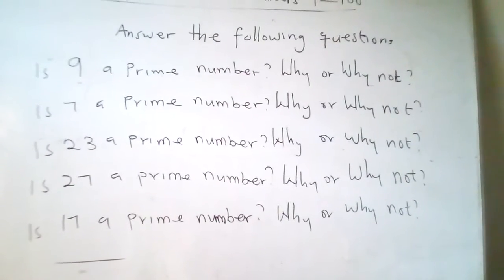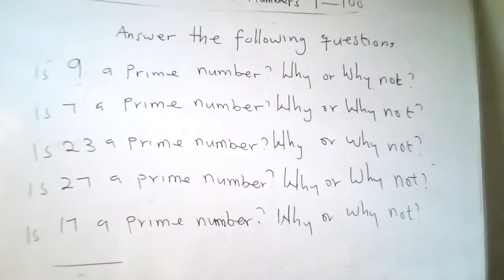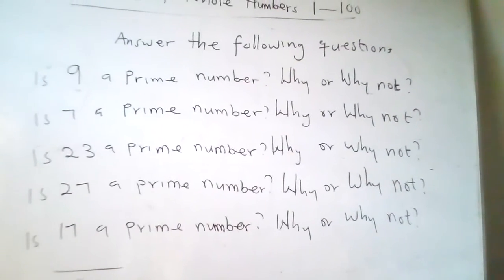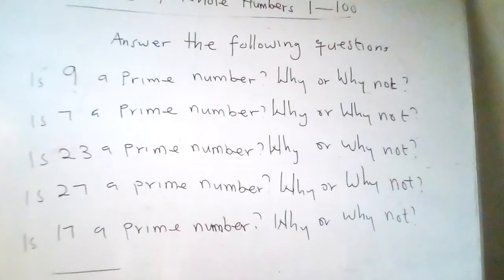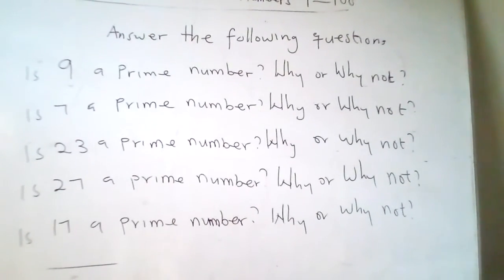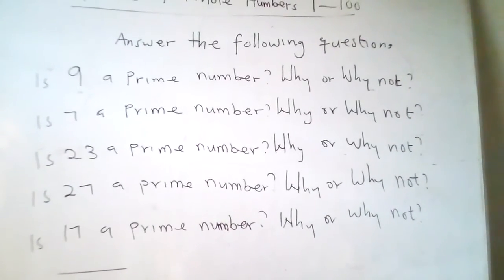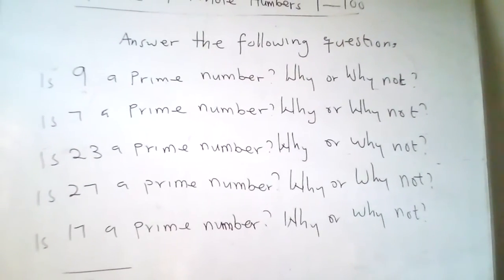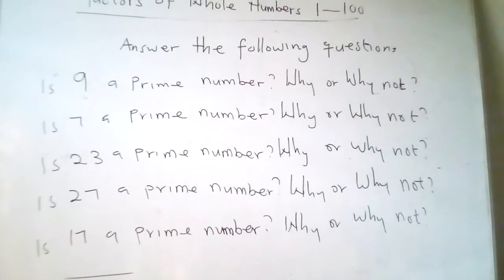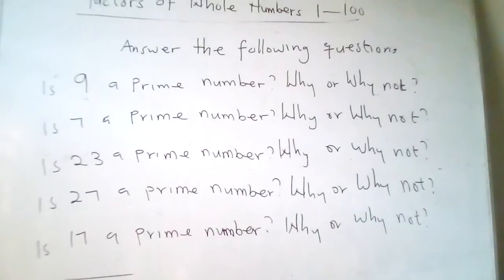Why or why not? Let me give you a clue: find the factors of that number, and check them against the definitions of composite number and prime number. If that number fits the definition, then you have found your prime number.